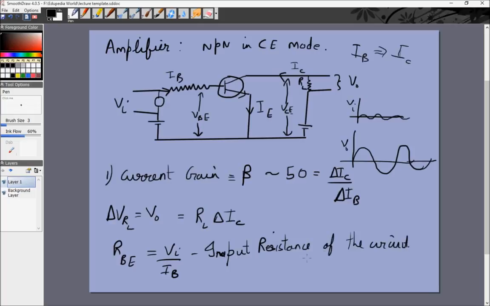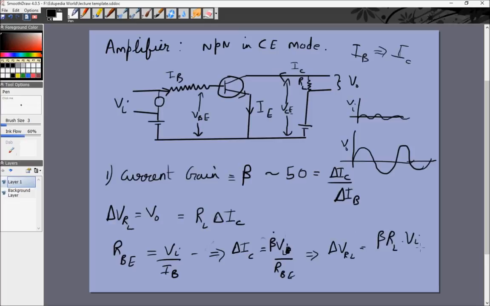So from that the equation we get is, I'll just rub this, it's taking some space. Input resistance of the circuit is RBE. From that we can get a little bit of math now. Delta IC is equal to beta times VI by RBE, which means delta VRL is equal to beta times RL times VI by RBE, which tells us what this V0 is.